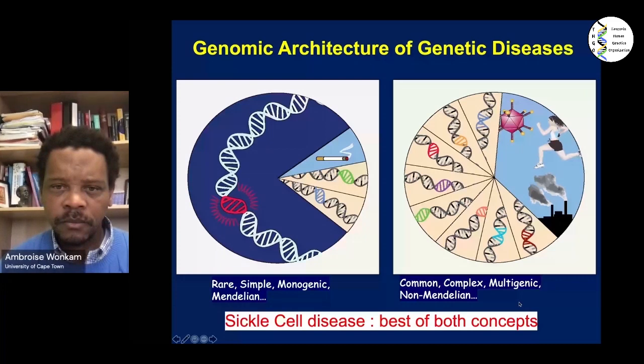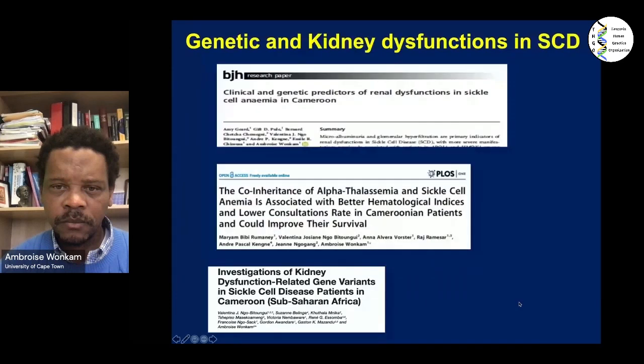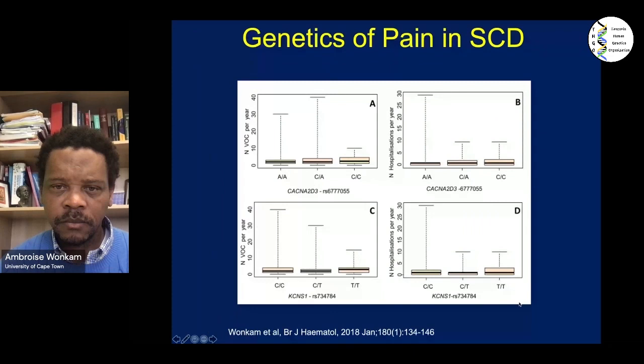Kidney dysfunction, for example, is subject to genetic variation, including in the study that we performed here on the African continent. And at least 3 or 4 variants will explain most of the highly associated kidney dysfunction in sickle cell disease. Some of the early studies performed with our student Kutala show that there may be some variants that are associated with pain in sickle cell disease.